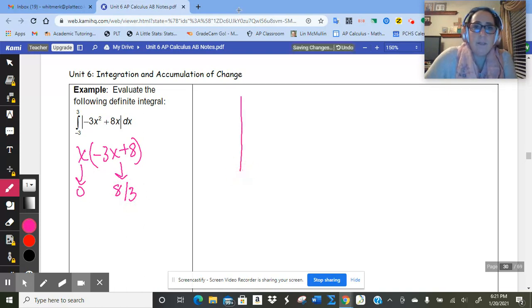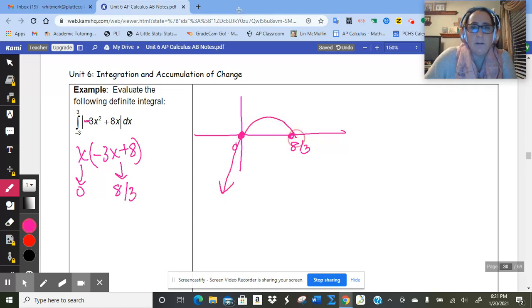So my graph has a zero at 0 and 8/3. And this was a parabola that was frowning because it's got a negative leading coefficient. So it looked something like that. And then, lo and behold, we went and took the absolute value of it, meaning everything below had to become above. So now my graph looks like this.